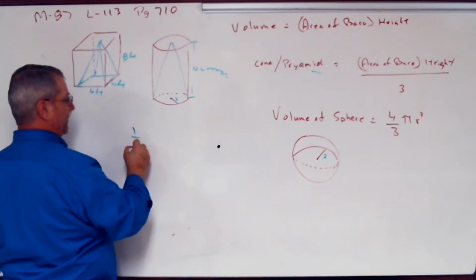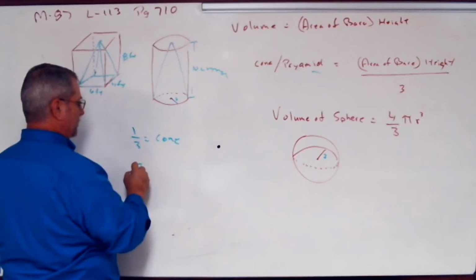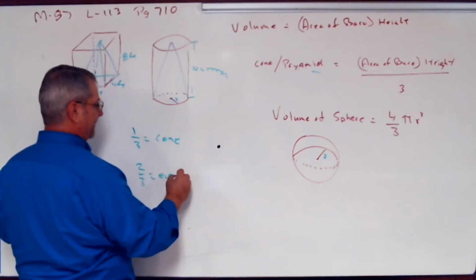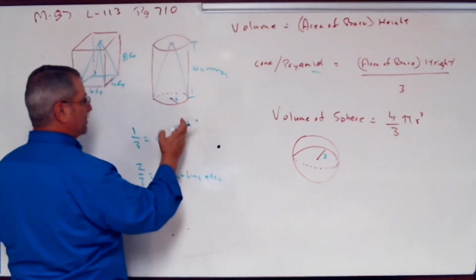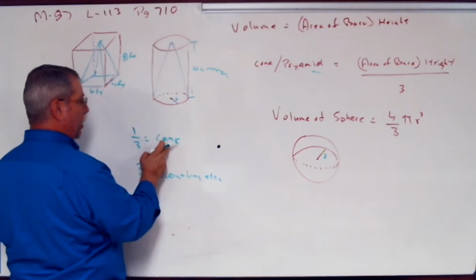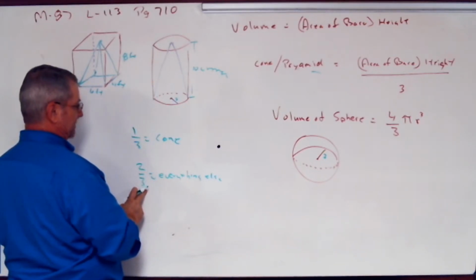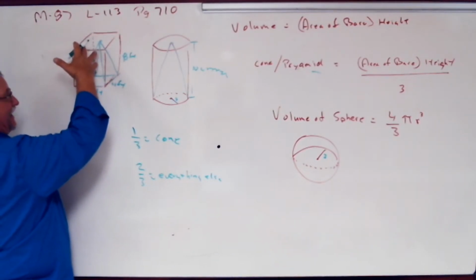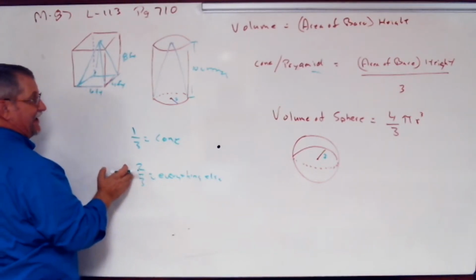So 1/3 equals the cone, and 2/3 equals everything else. That means the stuff around the outside of the cone is 2/3. The pyramid is 1/3 of this thing. The outside of it is 2/3 of it.